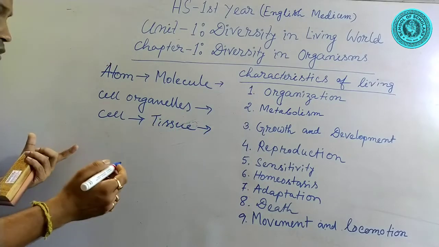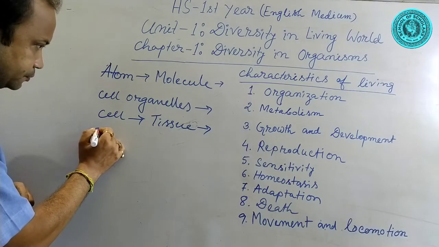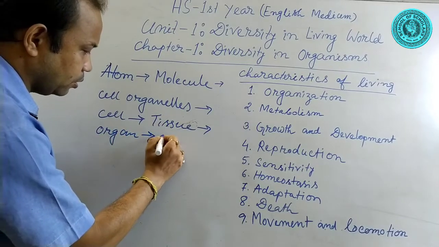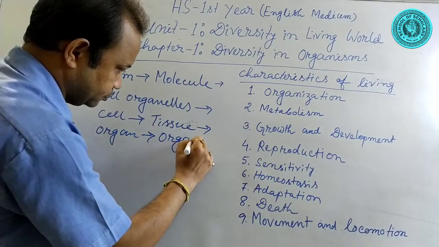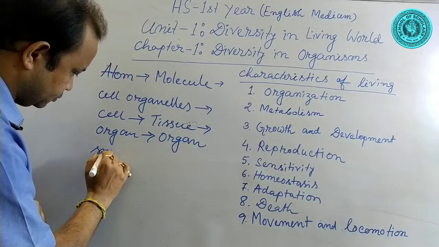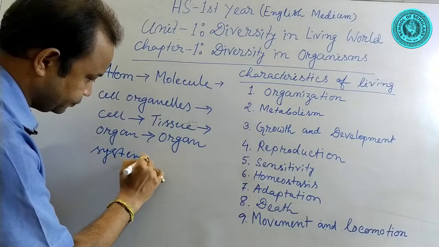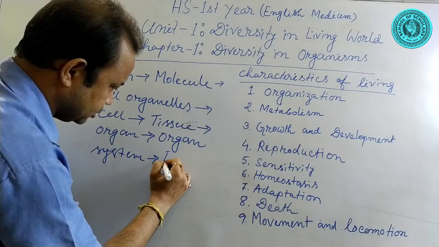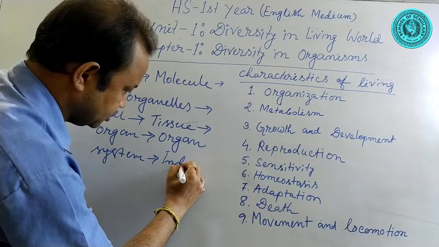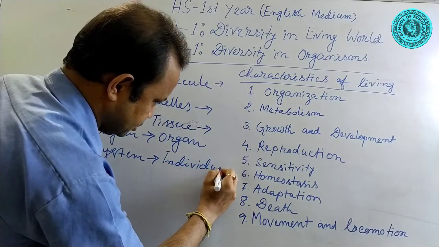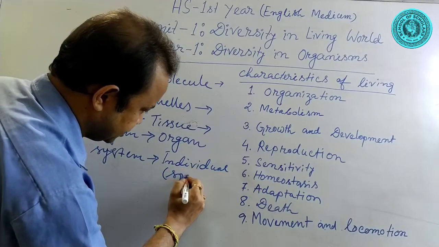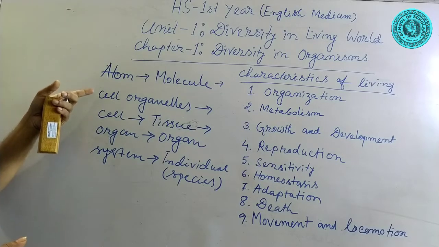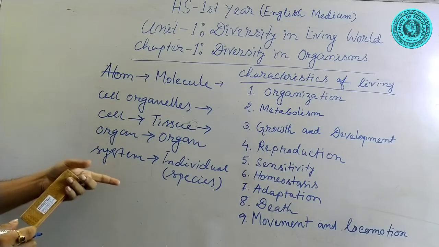Then different kinds of tissues are aggregated to form organ. Organs are aggregated to form organ system. Organ systems are aggregated to form an individual of a species. This is the common biological organization of a living being.